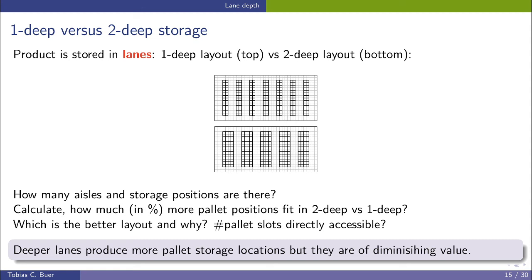However, we have fewer pallet positions that are directly accessible. In the upper layout, every pallet position can be directly accessed by a forklift. In the lower layout, all these positions here in the middle can only be accessed after the first pallet is removed, either from the left side or the first pallet from the right side has been removed.